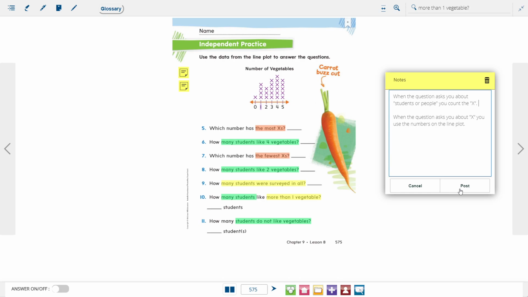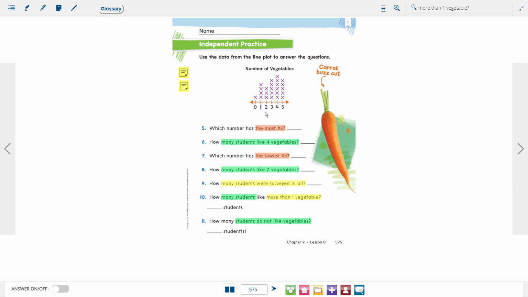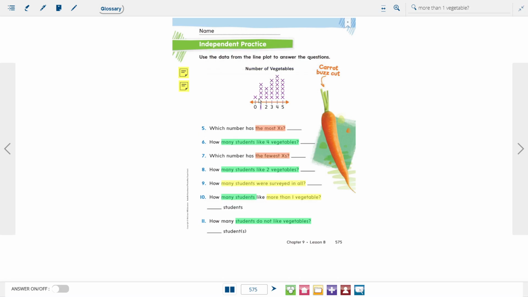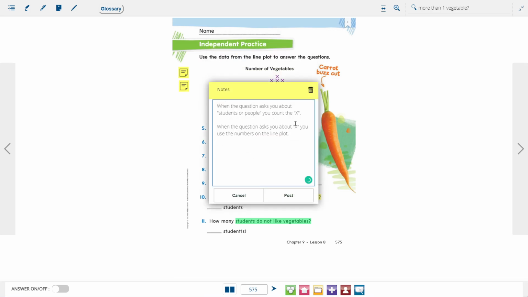Again, look here. When the question is talking about the X, we need to count the X.